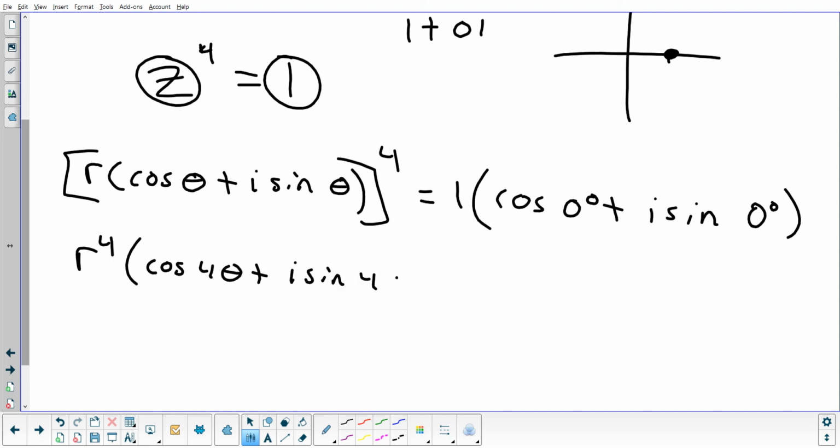Yep. A lot of times when we do problems like this, I just jump right to this step. If it was raised to the 5th power, it would be r to the 5th and a 5 theta. If it was raised to the 3rd power, it would be r cubed and a 3 theta. But what you're doing is DeMoivre's theorem to get from here to here. Okay, and all this stays the same.